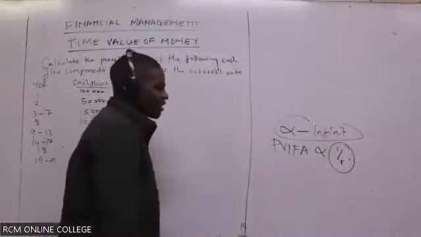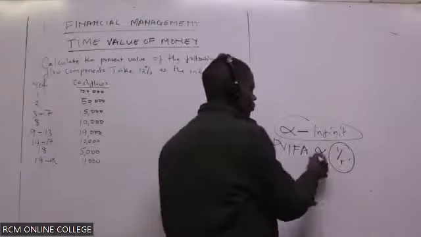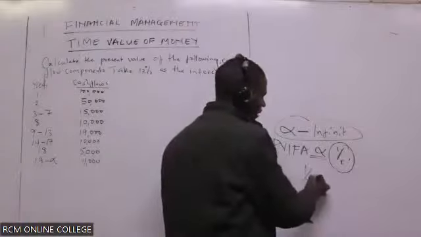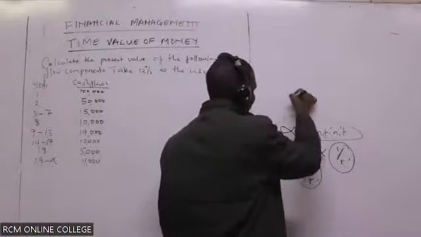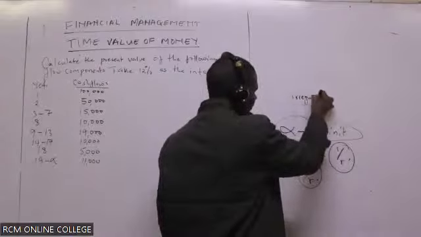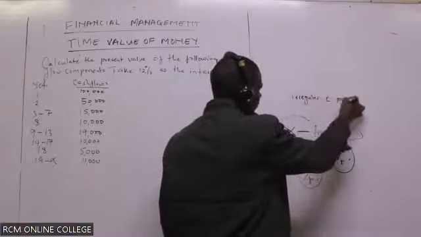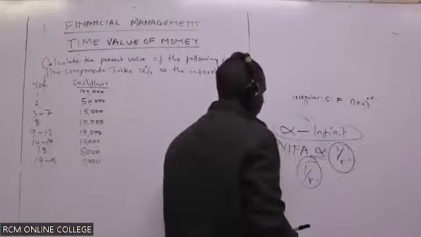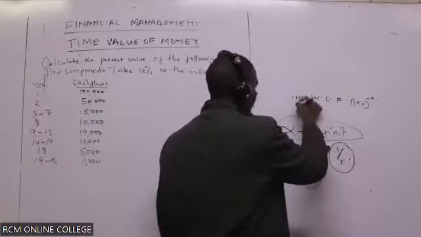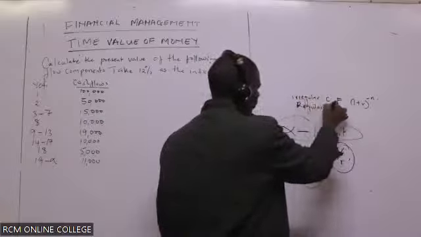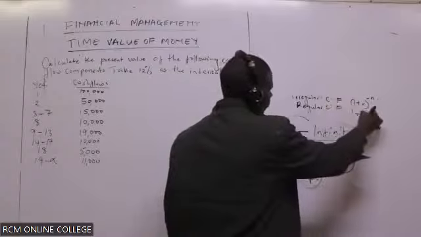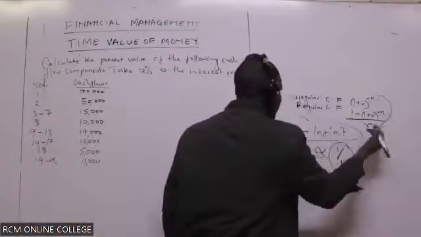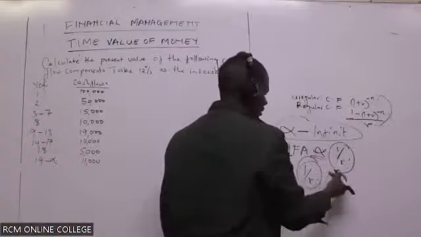To get the present value interest factor of annuity, it is 1 over R, 1 divided by R. For irregular cash flow, it is 1 plus R raised to negative N. And for regular cash flow, the formula is 1 minus 1 plus R raised to negative N, all divided by R. So for infinity this is 1 over R.